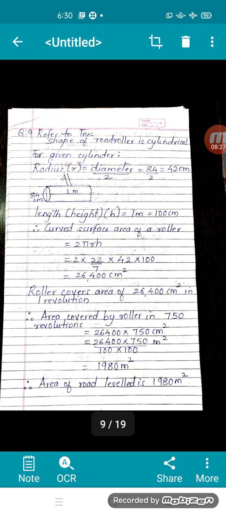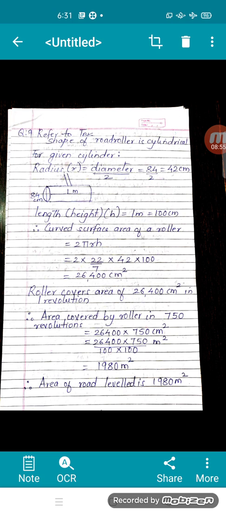Question number 9. A road roller takes 750 complete revolutions to move once over to level a road. Find the area of the road leveled if the diameter of the roller is 84 centimeter and length is 1 meter. The shape is cylindrical. So radius is equal to diameter upon 2, 84 upon 2 is equal to 42 centimeter.